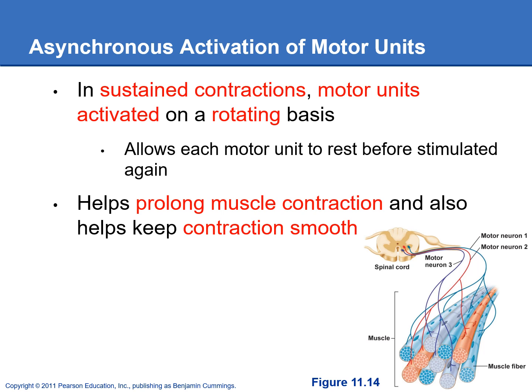Okay, so what we're going to do is we're just going to activate our motor units on a rotating basis. So maybe we're going to activate motor unit 1 and have those muscle fibers contract, carry the groceries, and then we'll activate motor unit 2 to contract while motor unit 1 then relaxes, and then motor unit 3 will then contract and take over while motor unit 2 relaxes, and then we'll be back to motor unit 1 again.